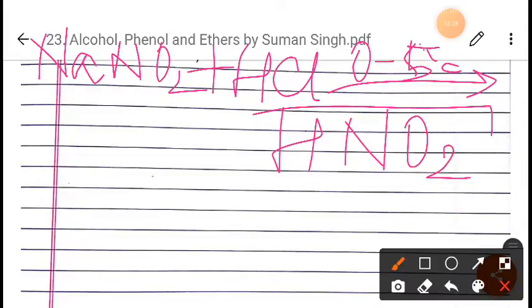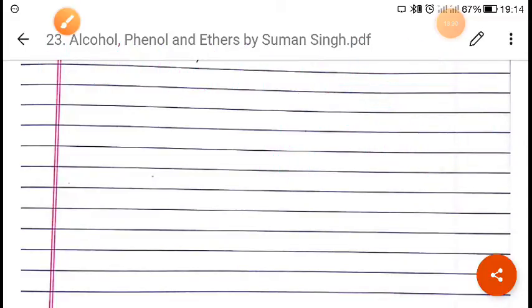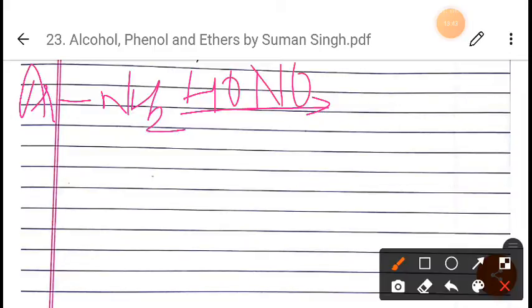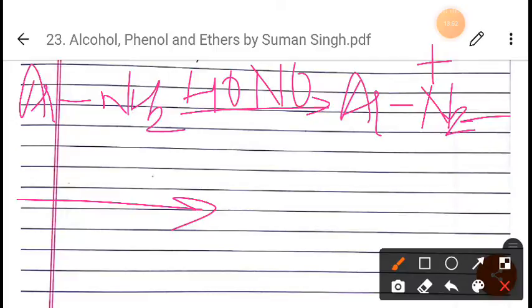Now this one we will use as the reactant. Suppose we have any aryl group and it is attached to NH2. What will happen if we use HONO here? It will form ArN2+, which is further treated with Cu2O or Cu2+ to give ArOH.